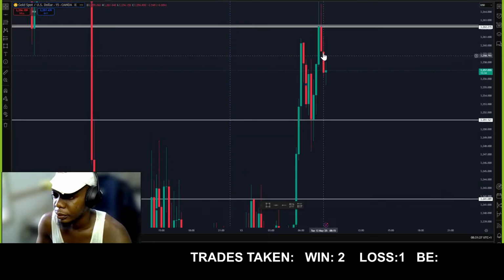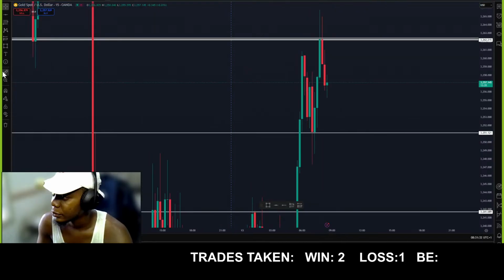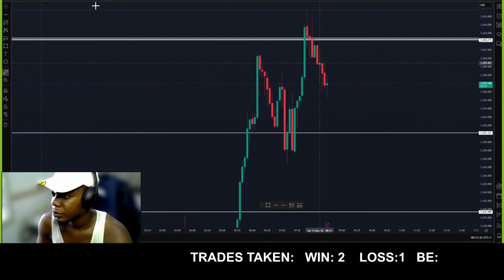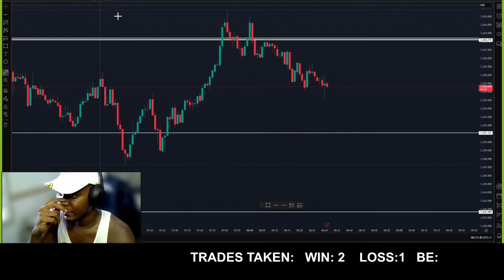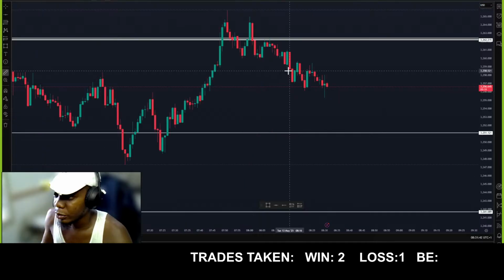I mean, only if this candle had created the top bottom, I would have entered it. It came down first before it started pushing upward, so this would have been my entry.